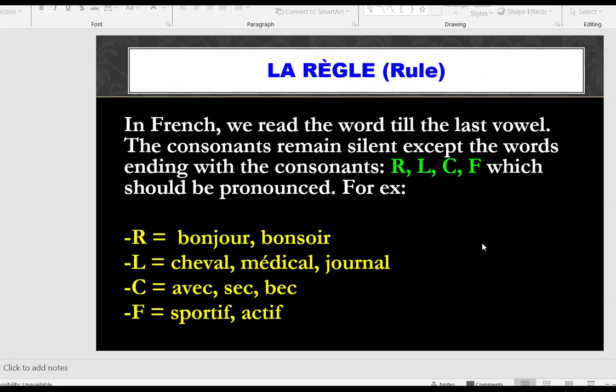In French, we read the word till the last vowel. The consonants remain silent, except the words ending with the consonants R, L, C, F, which should be pronounced.